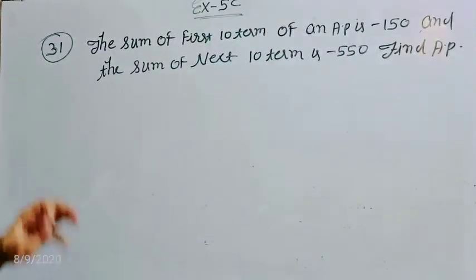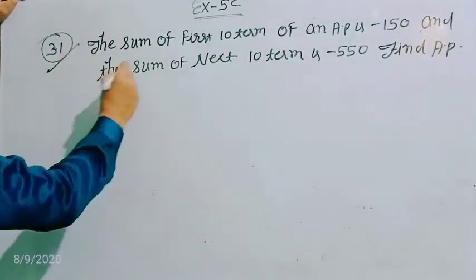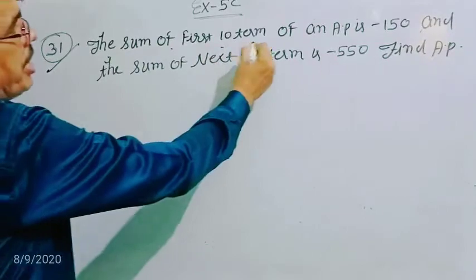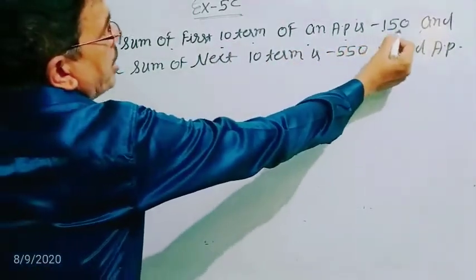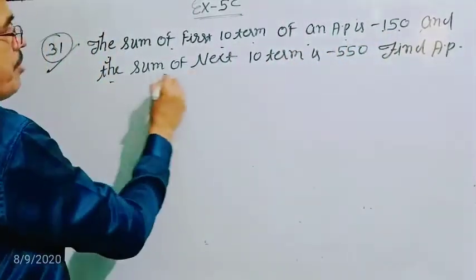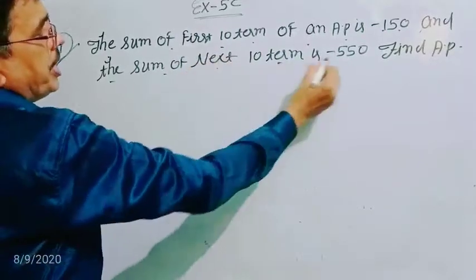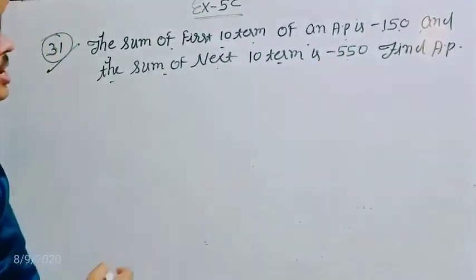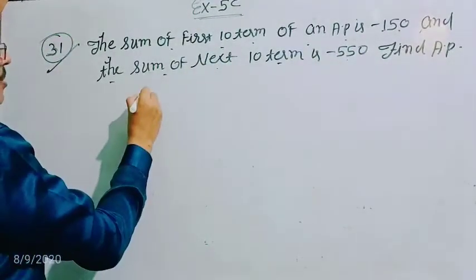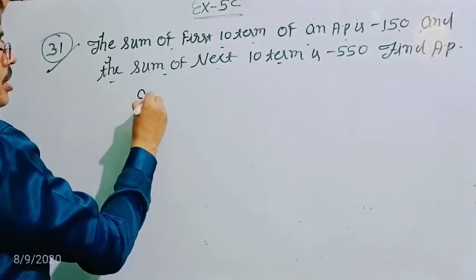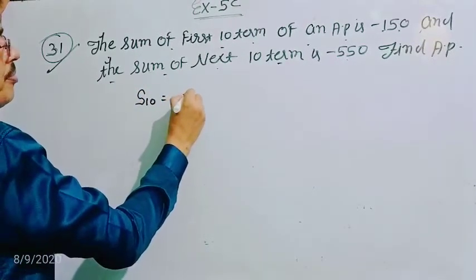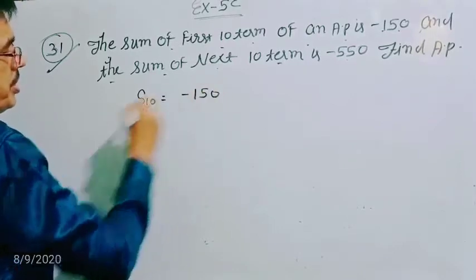Now see question 31. The sum of the first 10 terms of an AP is minus 150, and the sum of the next 10 terms is minus 550. Then find the AP. First, S10 is given as minus 150.